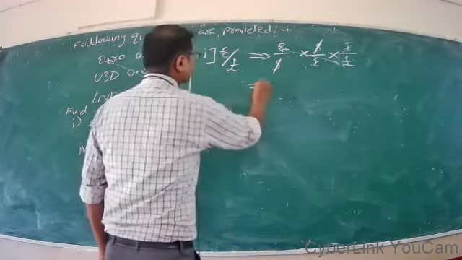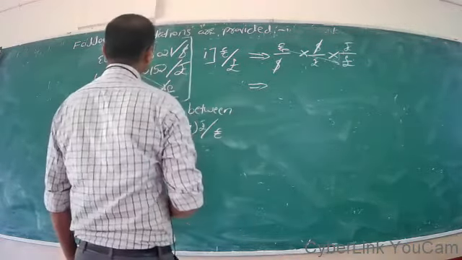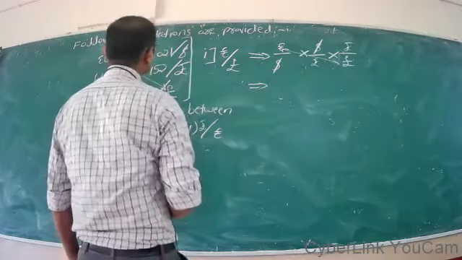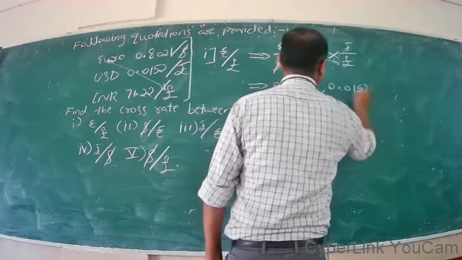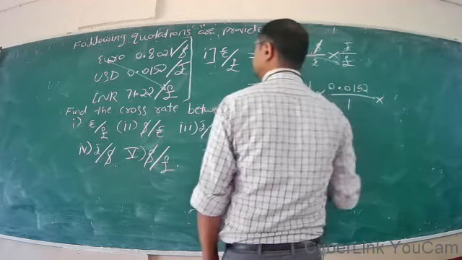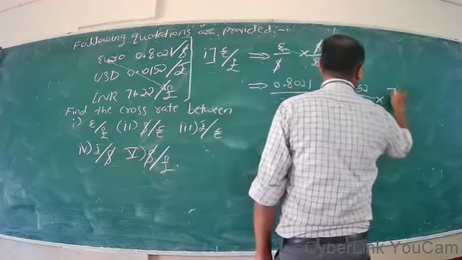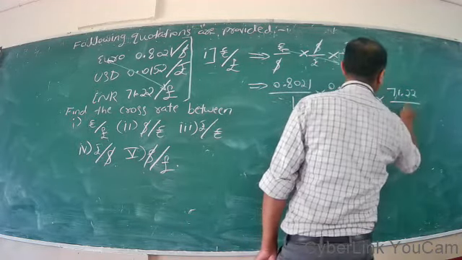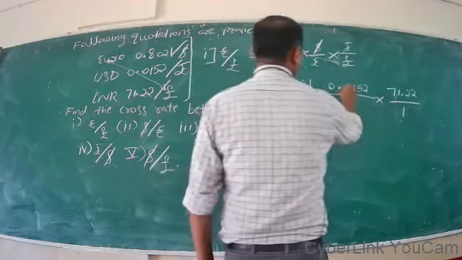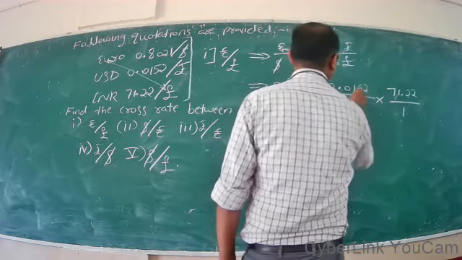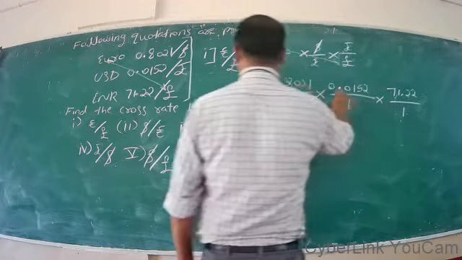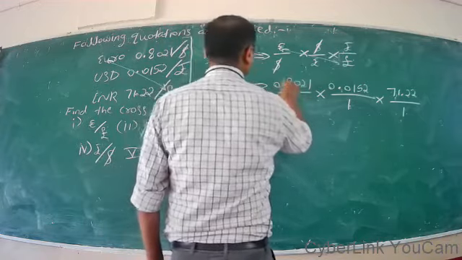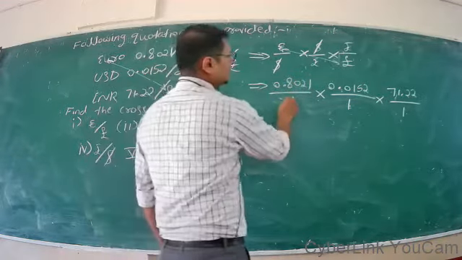So in the given problem, euro to dollar is 0.8021 multiplied by 0.0152, the given quotation, and INR 71.22 per 1 sterling pound. This is US dollar 0.0152 per Indian rupee. 0.8021 is euro per single dollar, $1.